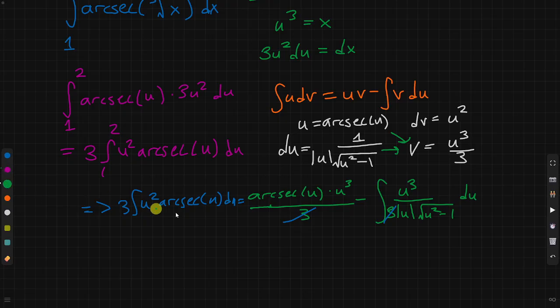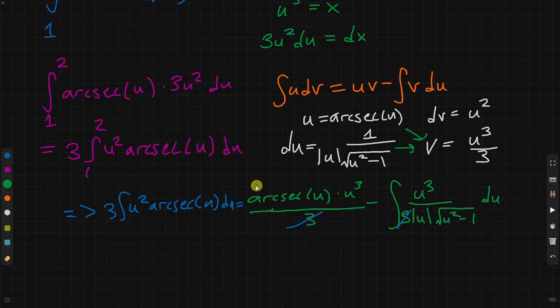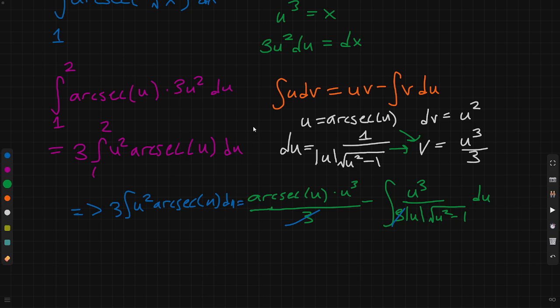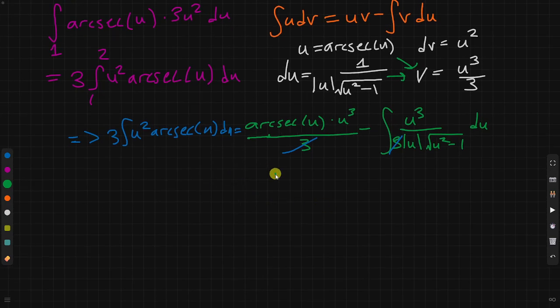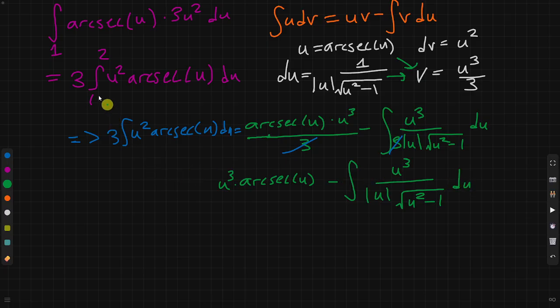So now we have arcsecant of u times u cubed minus the integral of u cubed over absolute value of u times square root u squared minus 1 du. And we also have to include our bounds of 1 and 2, so let's do that. We have to evaluate this term from 1 to 2 and put bounds on this integral as well.